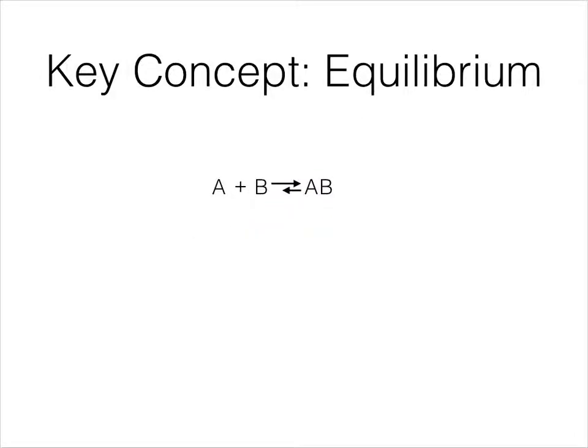The next key concept that I have for you is equilibrium, right? We usually think of chemical reactions as being absolutes, right? A and B combine to form AB, and that's it.